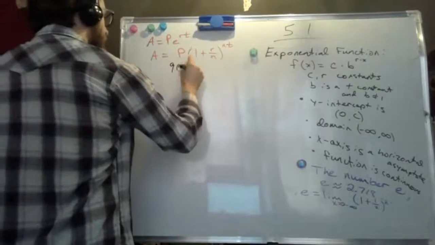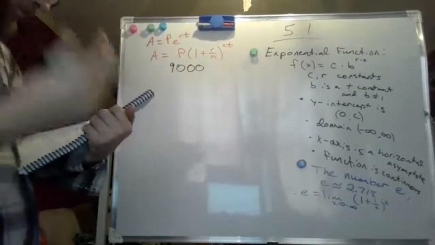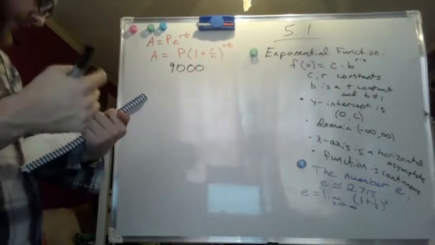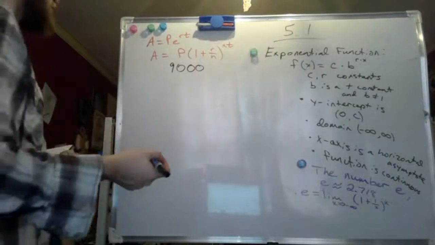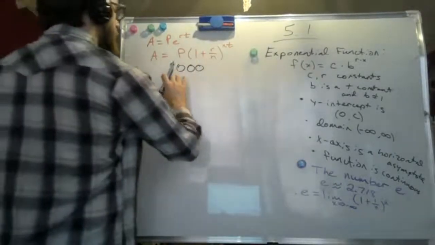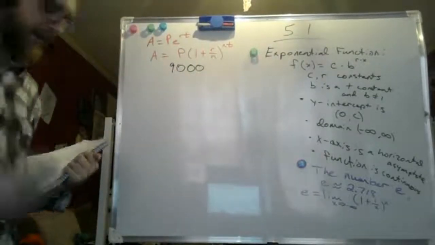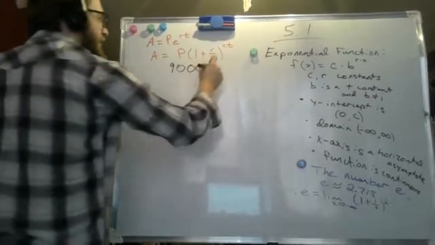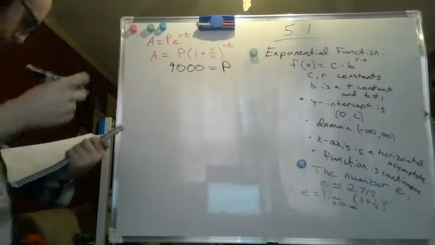So she just got $9,000 from somewhere. That's pretty nice. Which she wants to deposit into a CD account. So she wants to deposit this into an account where it's going to gain interest. In other words, if this is her initial deposit, this is P. Okay, let's keep going then.